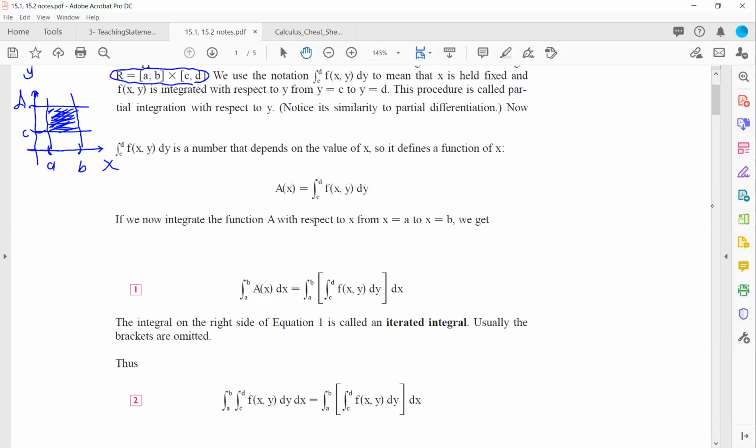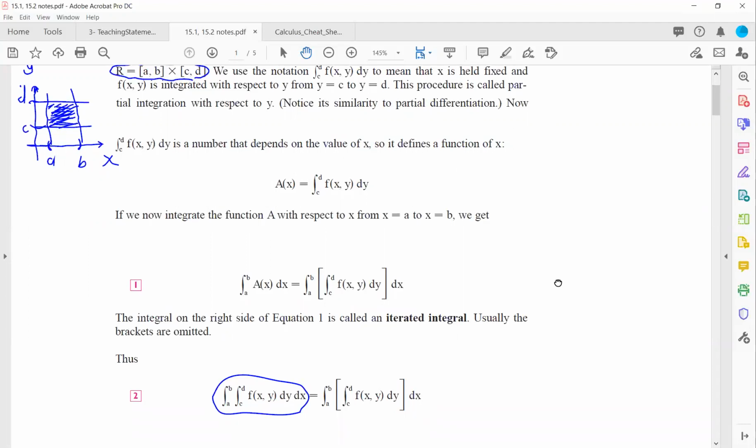The first interval is defined on x-axis. The second interval is defined on y-axis. So you're taking the integral with respect to variable x, also with respect to variable y. We have to include both of them to take the integral.